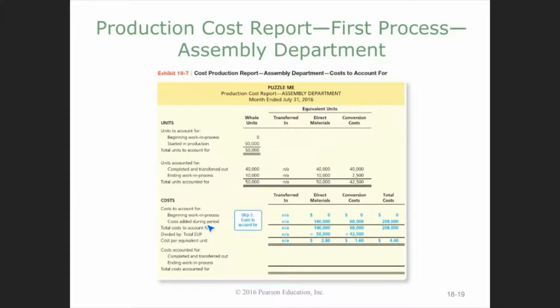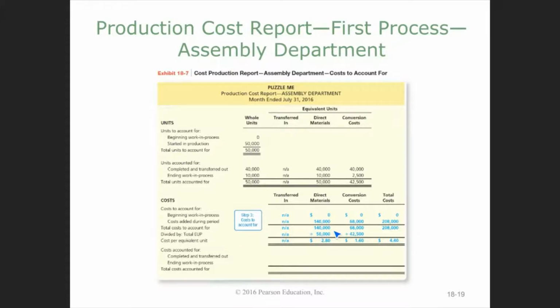Then down here, they have added in that we have nothing for beginning work in process. But then during the period, we did add some cost that need to be accounted for. They're telling us that the cost to account for is 140,000. So we've got 140,000 and zero. That's going to give us 140,000 for the total cost to account for.